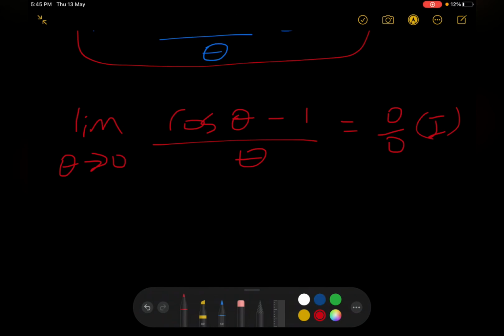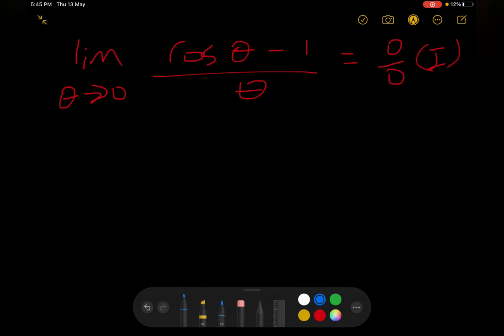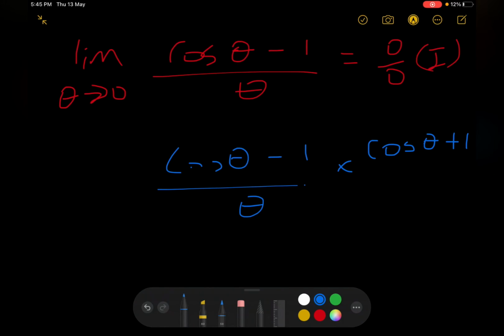So if we rationalize the numerator, we'll have cos theta minus 1 over theta. And we know to rationalize, we multiply by the conjugate of the numerator. So multiply by cos theta plus 1 over cos theta plus 1.